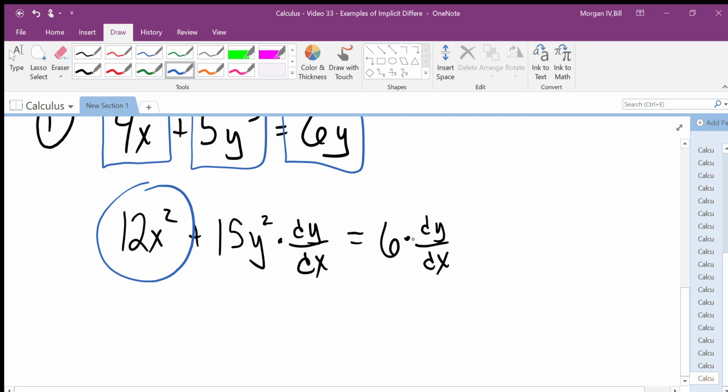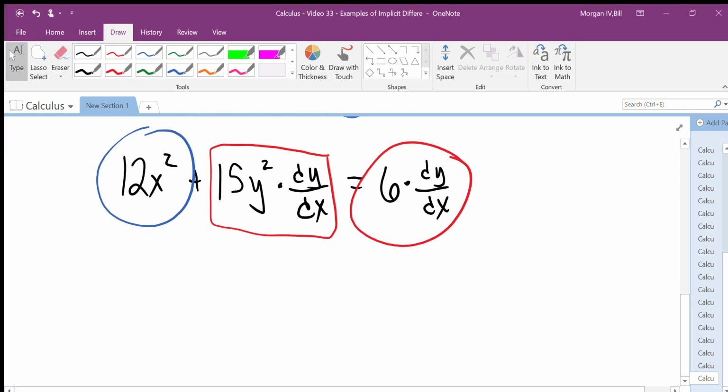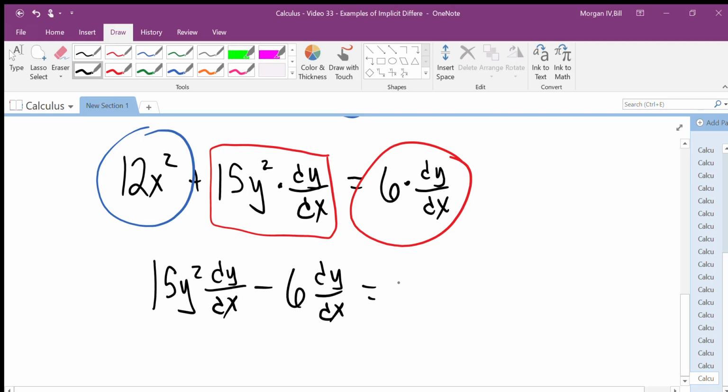And the 6 dy dx term over here to the right, that also has a dy dx. It's on the right-hand side. I want it to be on the left, so I'm going to subtract 6 dy dx. Right, so this should look like 15y squared dy dx minus 6 dy dx is equal to negative 12x squared.